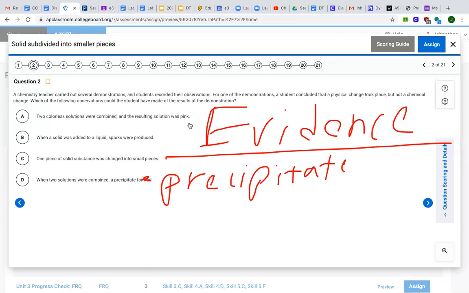Another piece of evidence could be a change in temperature that's not caused by an external factor, right? Some sort of change in temperature that comes from things being mixed together and combined, so basically absorption or release of heat.